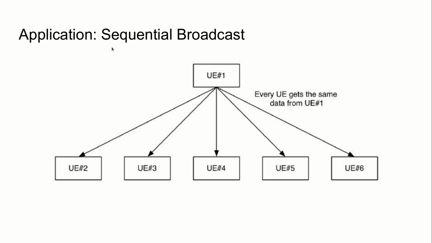To do the sequential broadcast, we start by calling MPI send from process 1 here, and then we can think about a for loop iterating from process 2 to process 6, calling MPI send from process 2 to process 6.